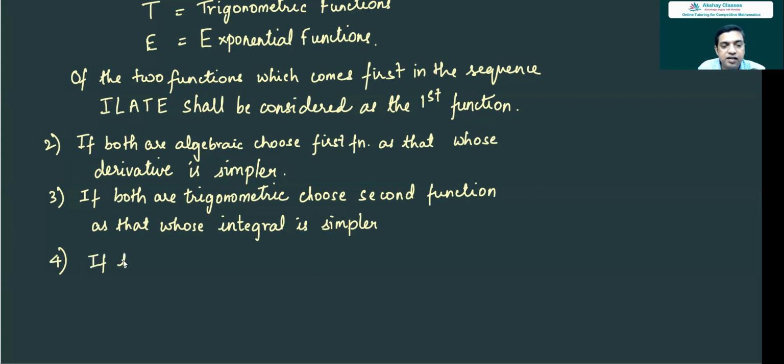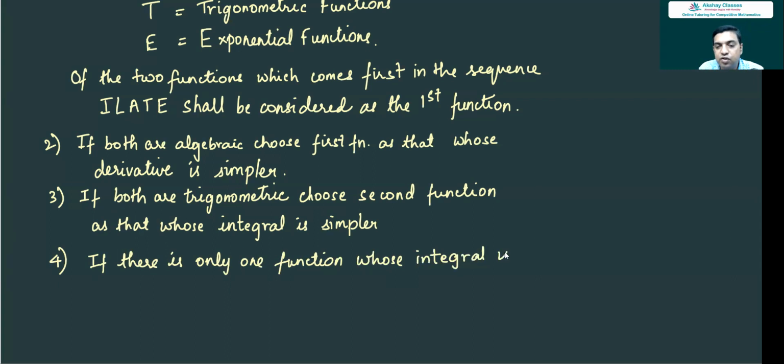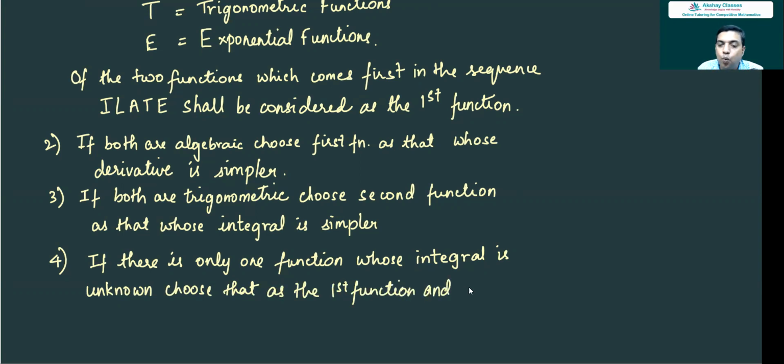If there is only one function whose integral is unknown, choose that as the first and one, unity, as the second.